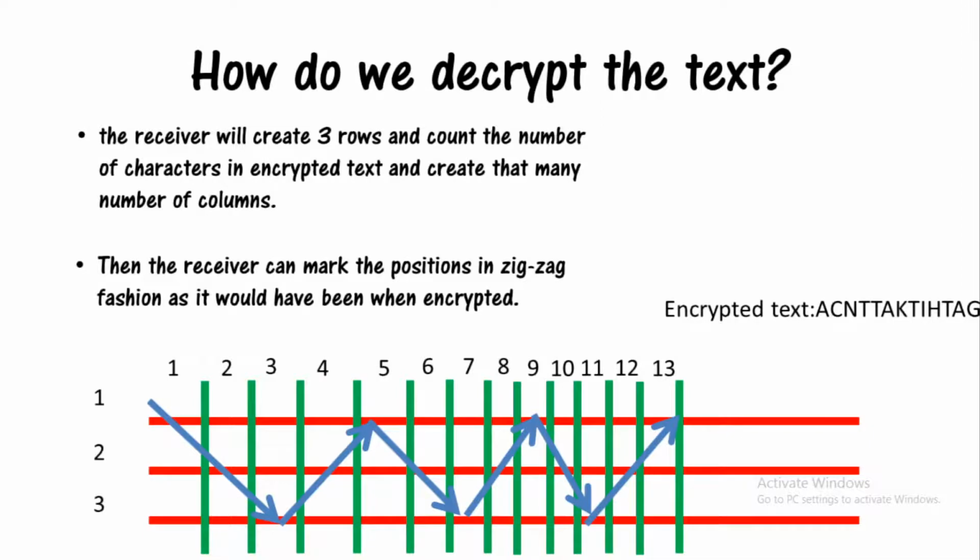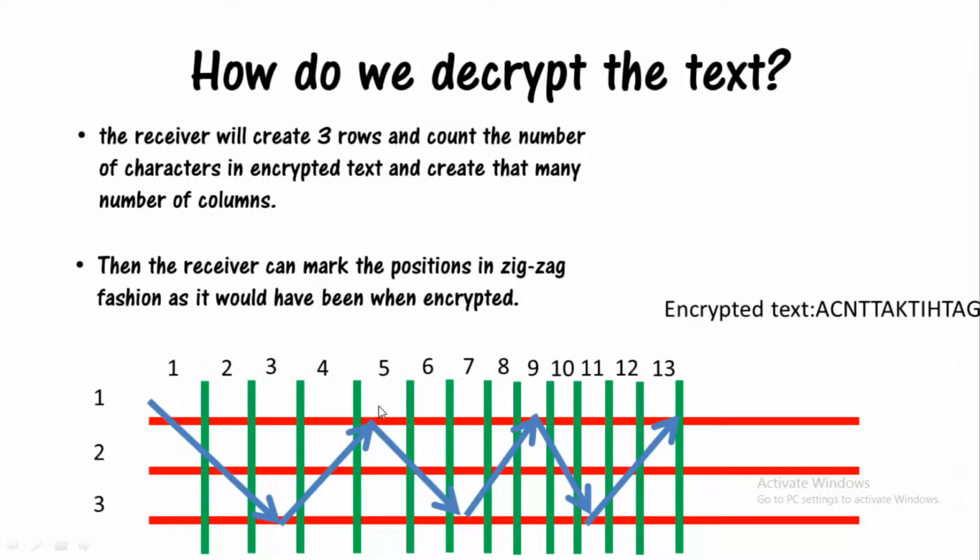Now the receiver can place the message in a row-wise fashion, one row at a time, starting from the first row. In the first row we have the position marked over here. You can mark the positions because it is a zigzag fashion. So it will be like this here, then the next letter over here, the next letter over here.